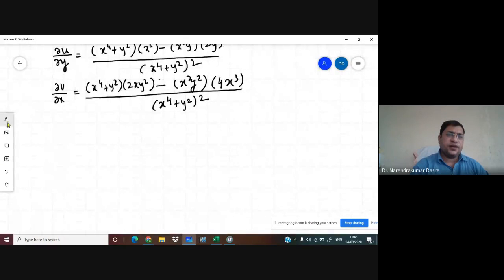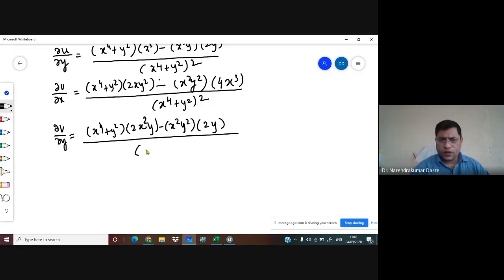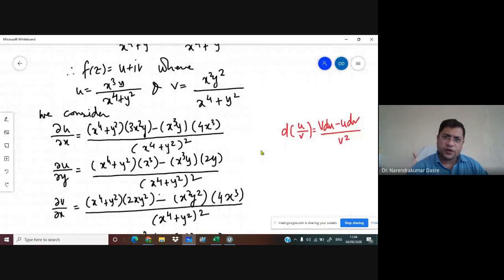Now the derivative with respect to y: x raised to 4 plus y square into 2 x square y minus x square y square, and you'll be having 2y, on x raised to 4 plus y square bracket square. So these are the first order partial derivatives we have.